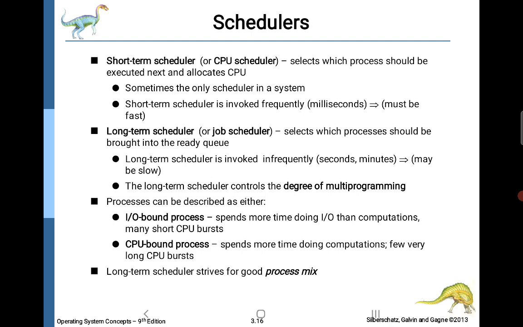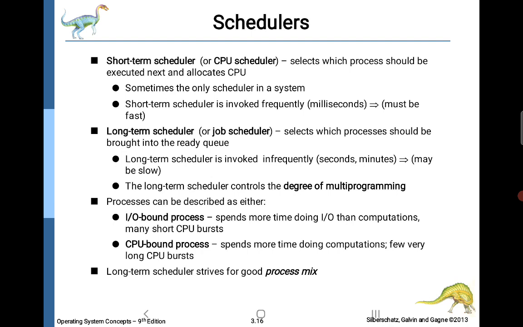This criteria has to do with the type of the process and how it executes. Some processes use the CPU for long times, while other processes tend to be more input-output oriented.